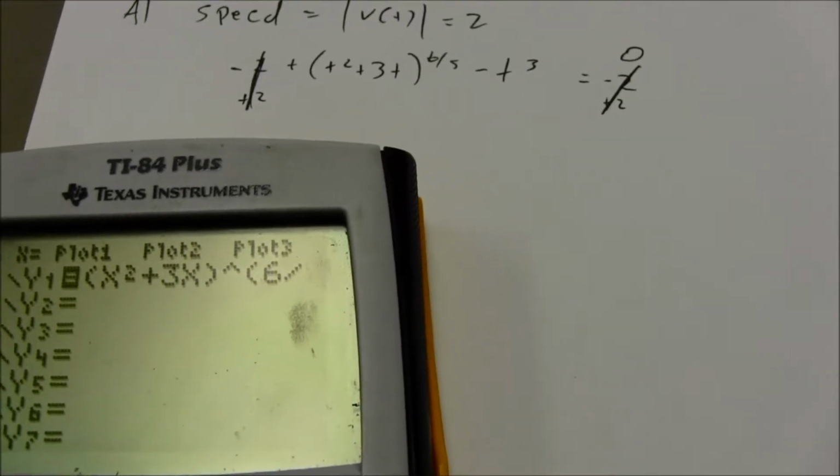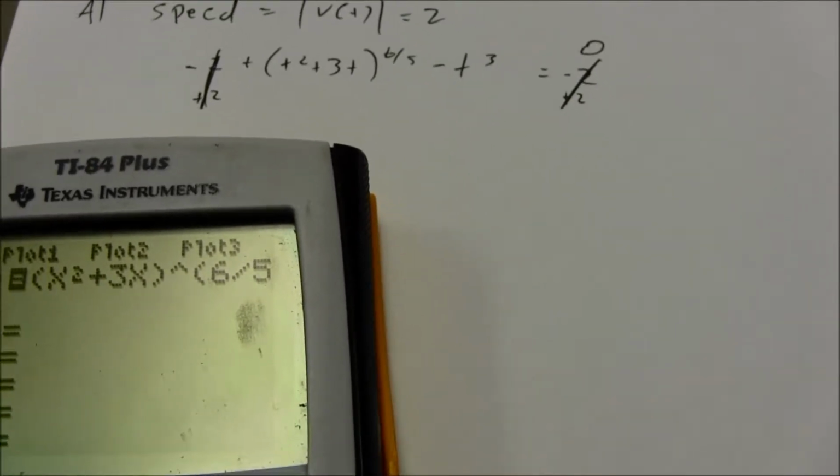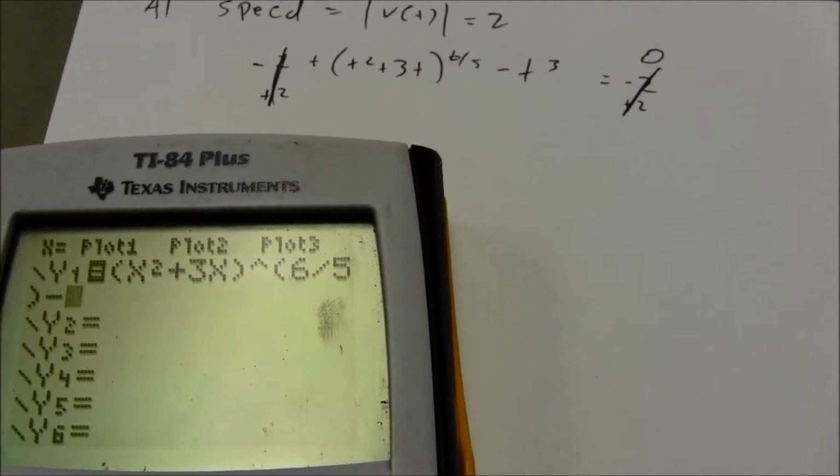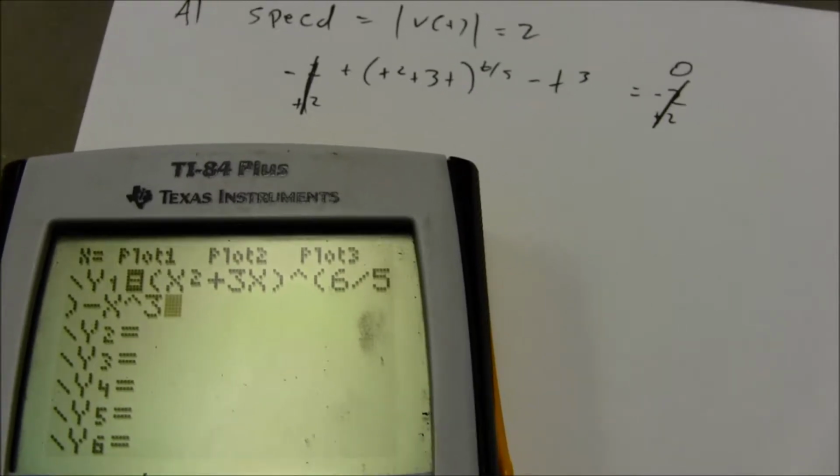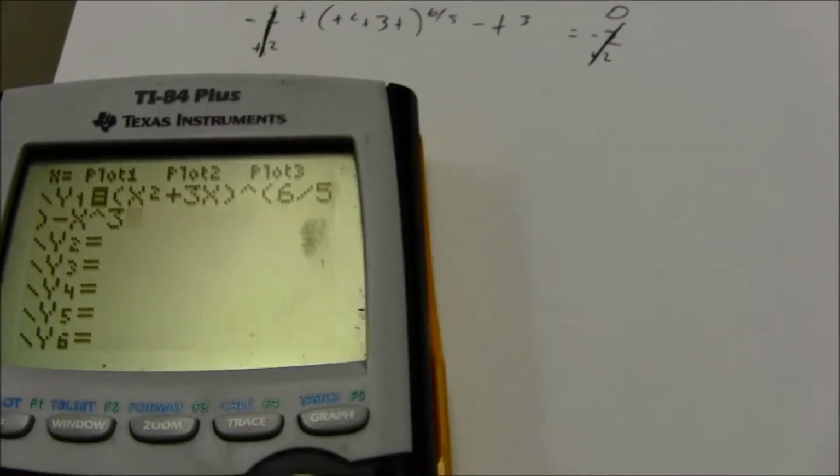I'm going to put 6/5 in parentheses there, and then I'm going to subtract t cubed.